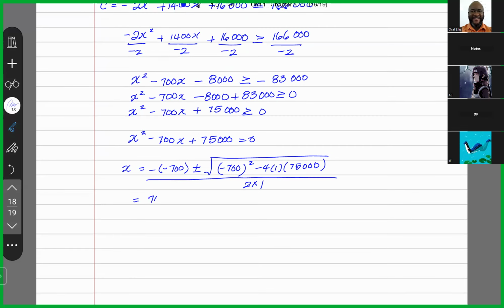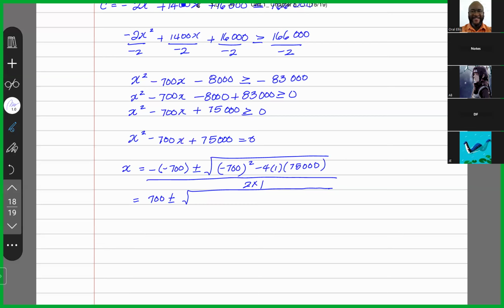So this is 700 plus or minus the square root of 700 squared, that is 490,000, minus 4 times 75,000, this is 300,000, all over 2.